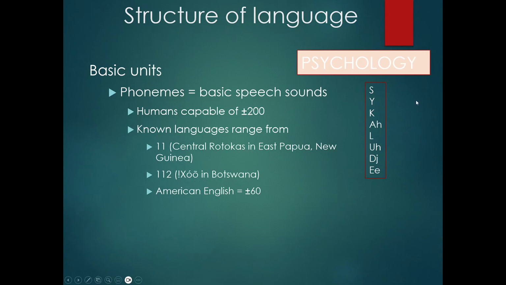But if you notice, for example, the P is silent, so there's no P on this list. So we've got 1, 2, 3, 4, 5, 6, 7, 8 basic phonemes making up the word psychology. Now, even though some of the letters are duplicated, like the O and the Y, you'll notice they are not phonetically duplicated, right?